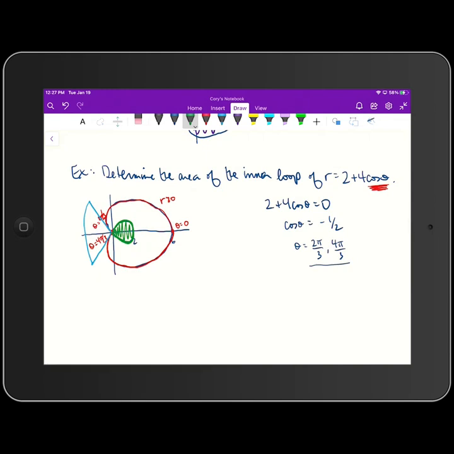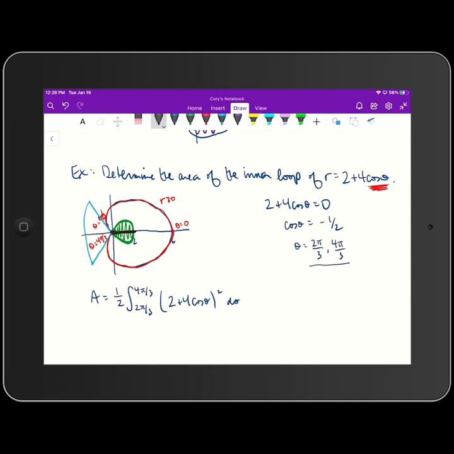Okay, so if we want to calculate the area of that inner loop, it will be 1/2 times the integral from 2 pi over 3 to 4 pi over 3 of r squared, so that's 2 plus 4 times the cosine of theta, squared, which we're integrating with respect to theta. But when we look here, I'm going to draw this in black, that graph is symmetric with respect to the x-axis.